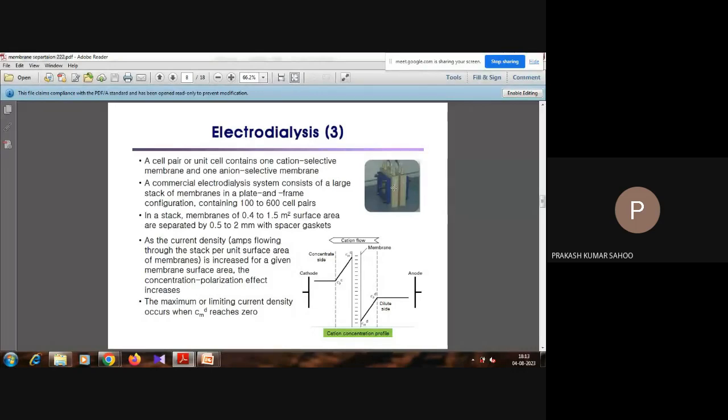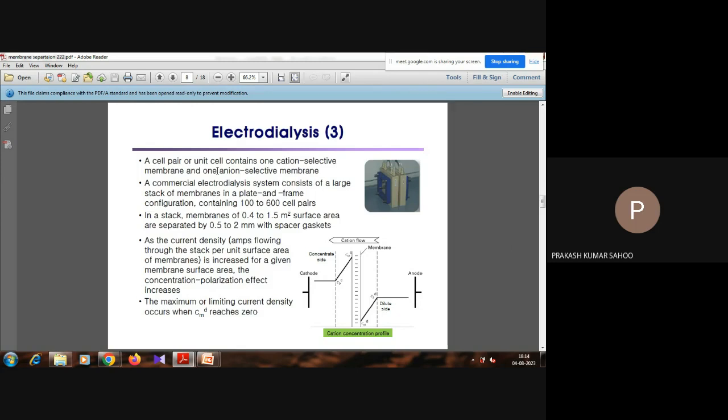Then this is the electrodialysis instrument where this is just a membrane, that is the anodic membrane with negative charges, and there will be positive charges or cations attached here. So a cell pair or unit cell contain one cation selective membrane and one anion selective membrane. This becomes a cell pair.